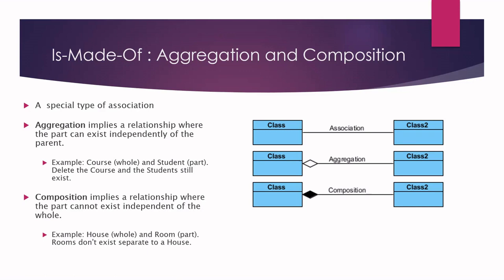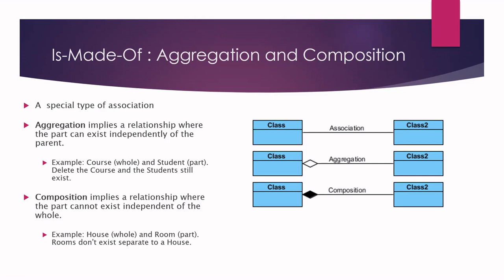Okay, composition is when the parts cannot exist independently. So for example, if you delete a course, the students' objects don't disappear from the system, right? They still would exist in the system for other reasons.